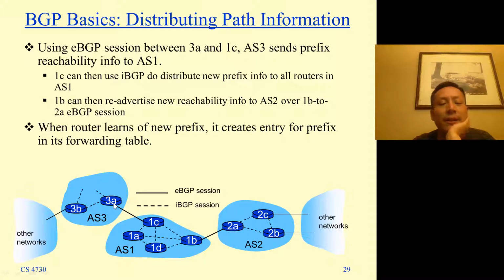So by doing this, 1C got this advertisement, and then 1B can re-advertise the new reachability information to S2 across this link. By keeping on exchanging through eBGP, iBGP, and eBGP again, the overall reachability information is exchanged among these different autonomous systems.